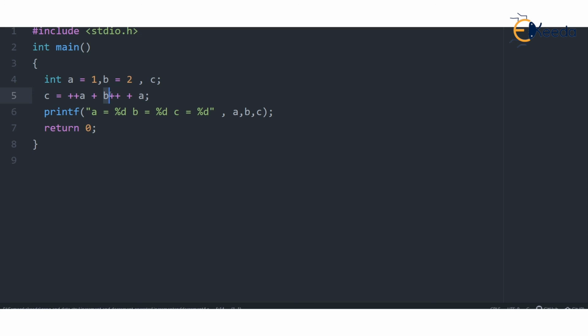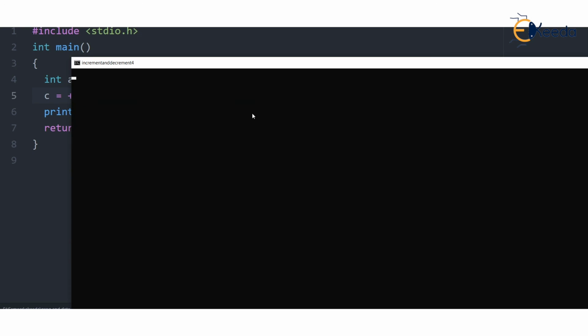So 2 plus 2 plus 2, so C will be 6, and finally B will be increased by 1, so B will become 3. So the values of A will be 2, B will be 3, and C will be 6. Let's prove it. Yes, A is 2, B is 3, and C is 6.